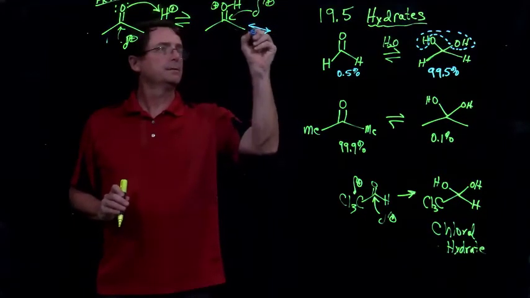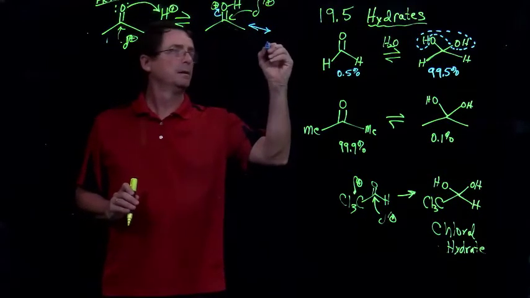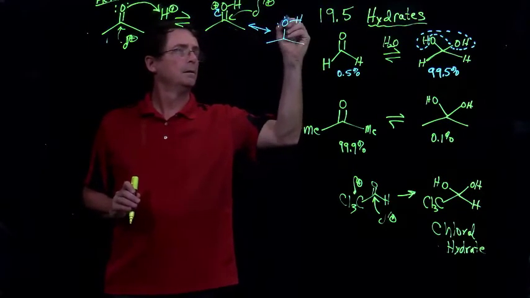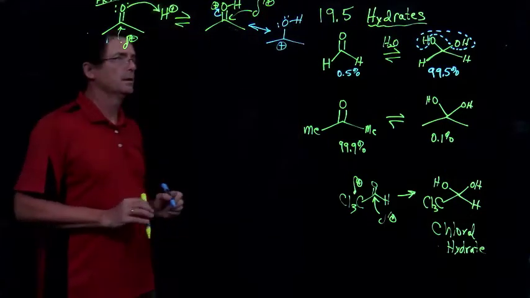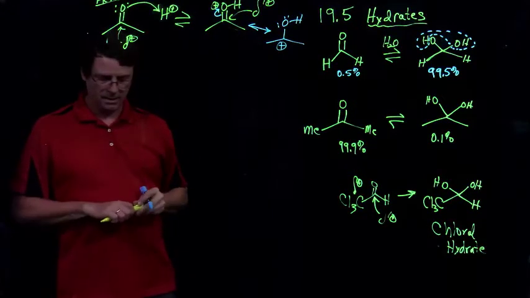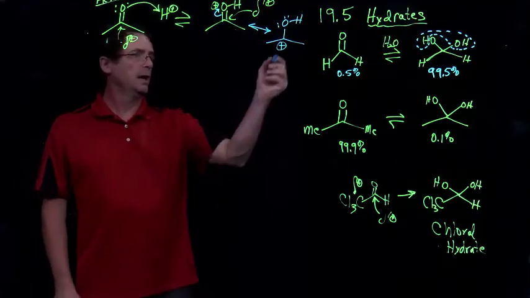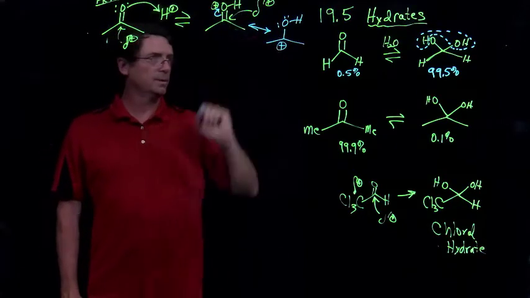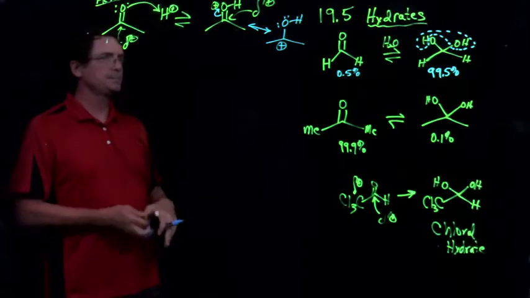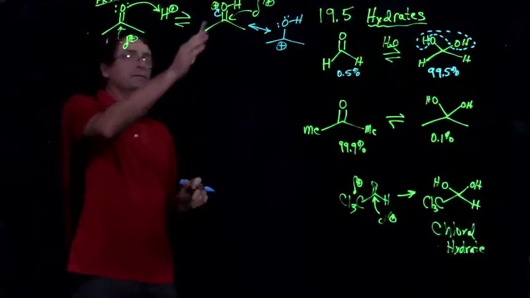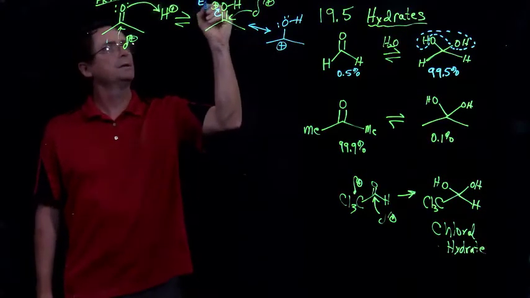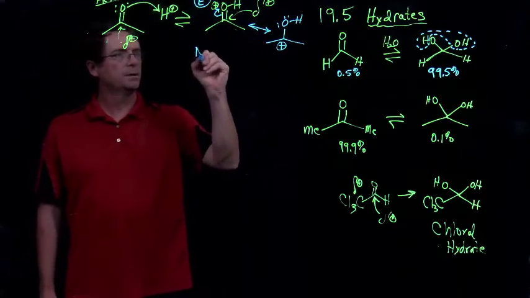So if we draw a resonance form, there's now the carbocation form, and we can see very readily why we have partial positive charge at the carbon. Oxygen being more electronegative, we move the lone pair of electrons up. Now, we have created the protonated acetone. That's the electrophile. Remember, we're always looking for electrophiles and nucleophiles.